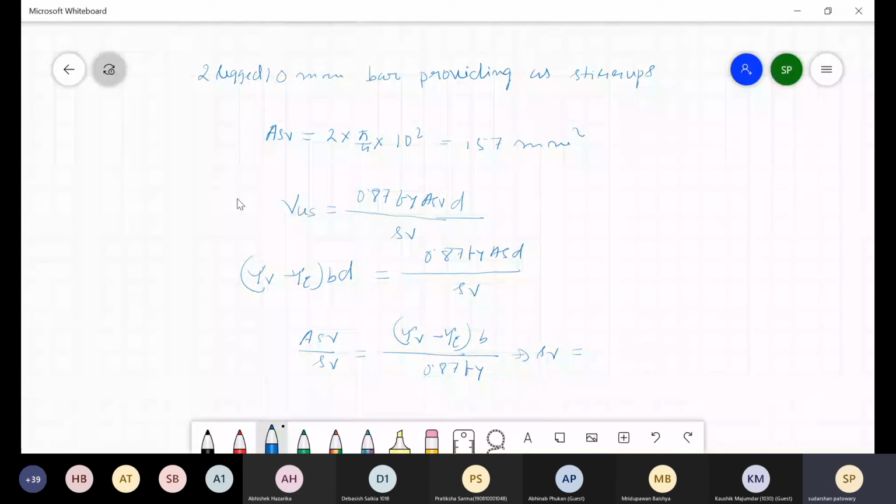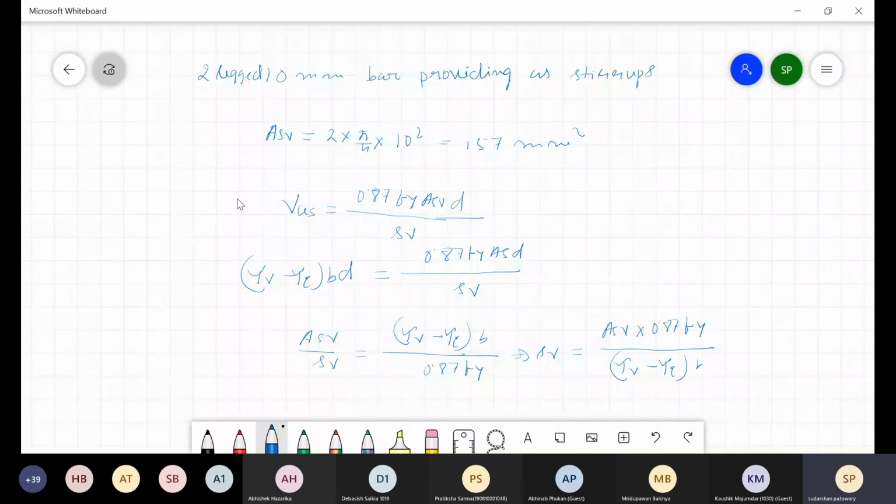So Sv is equal to how much? We need Sv because we have already assumed the diameter of the bar. Sv is equal to 0.87 fy Asv by tau v minus tau c into b. Tau v we know, tau c we know, Asv we have calculated, fy is given as Fe415, and the width of the beam is given. From here, putting all these values, we get 106 mm.